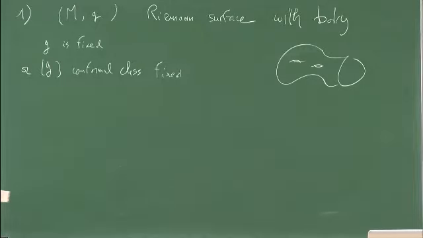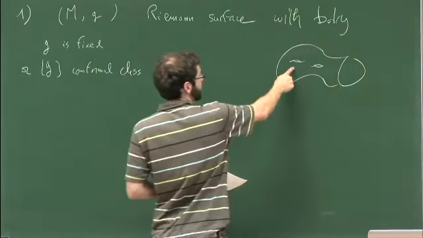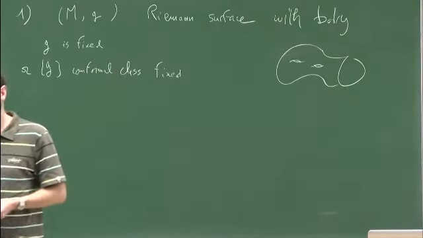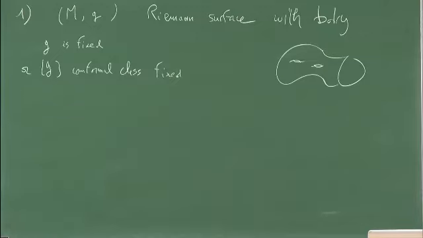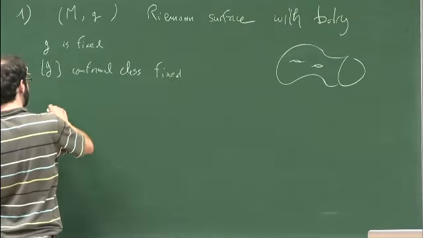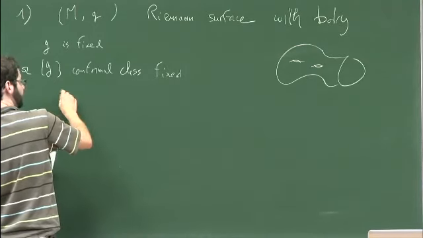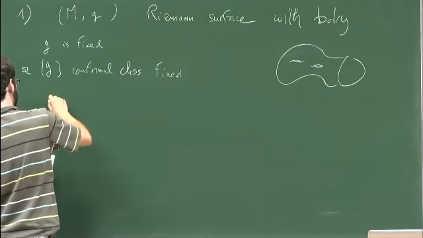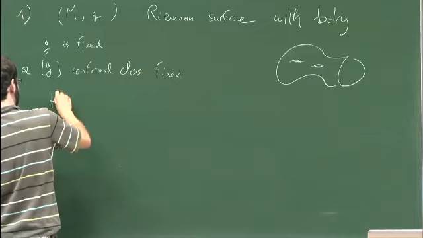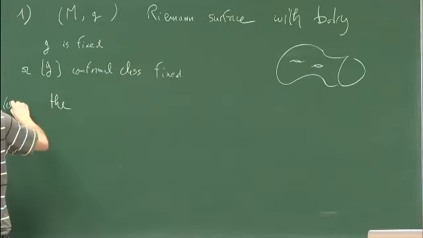So on such a surface, in particular, you have the complex structure and a d-bar operator. And we consider first the following first order system.